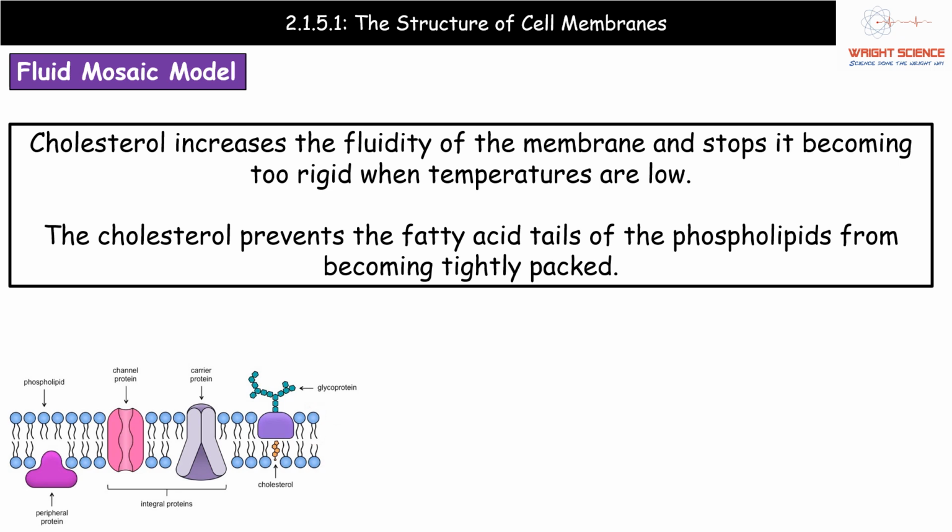So we need to stop that. What we do is incorporate those molecules of cholesterol amidst the fatty acid tails, and that means that as the temperature drops, it almost acts like a spacer. It prevents those phospholipids from becoming too tightly packed and therefore maintains fluidity of our membrane.